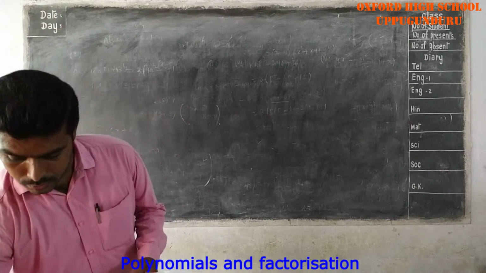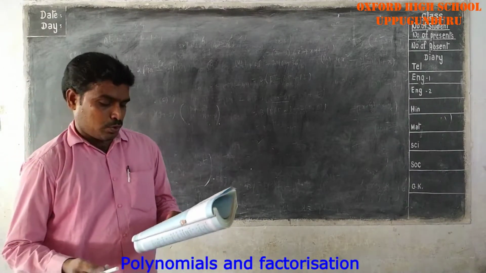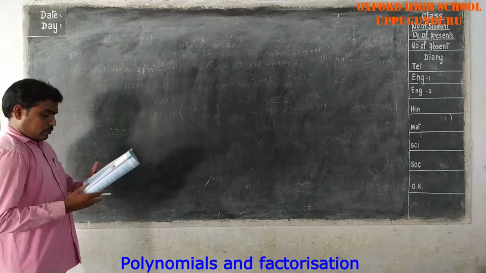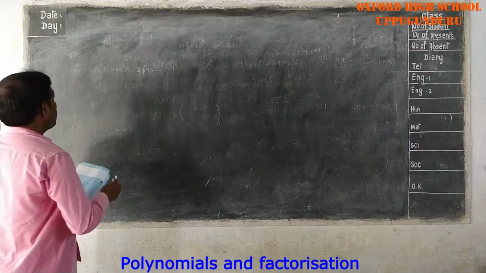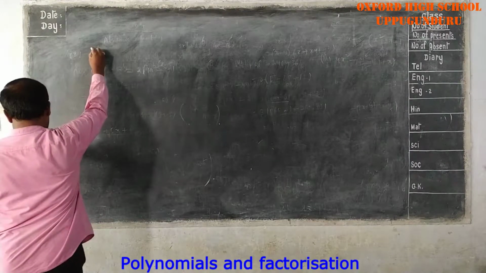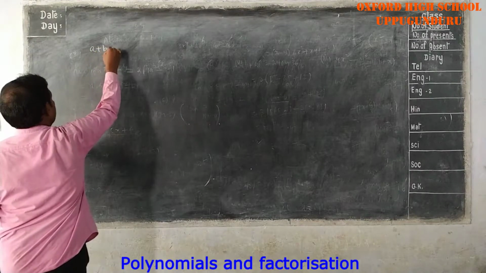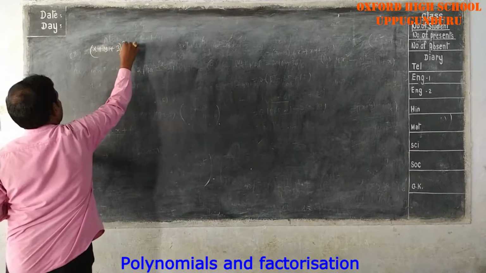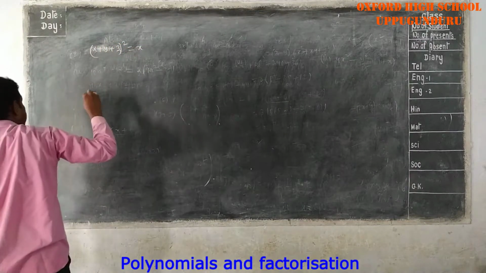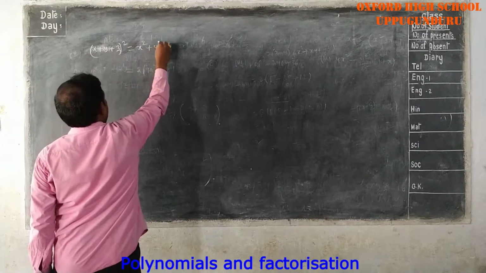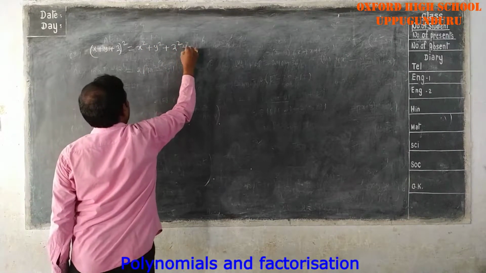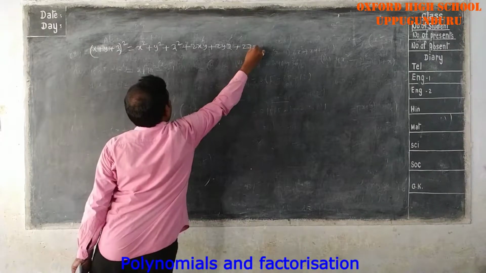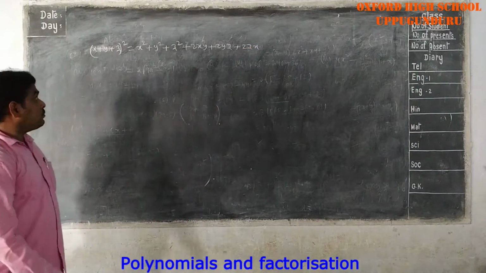Expand each of the following by using suitable identities. So here one identity, this identity also you have to know. a plus b plus c, or x plus y plus z, whole square equal to x square plus y square plus z square plus 2xy plus 2yz plus 2zx.